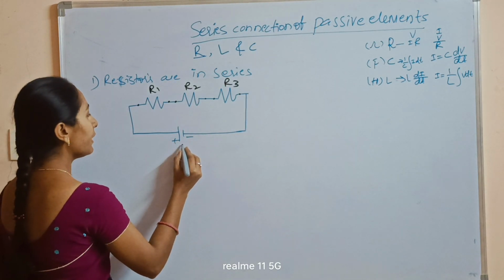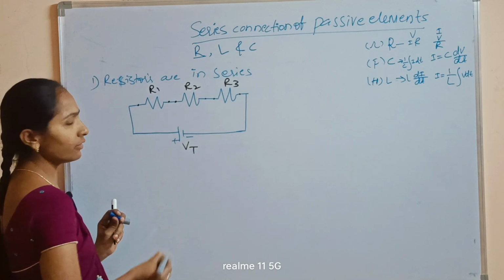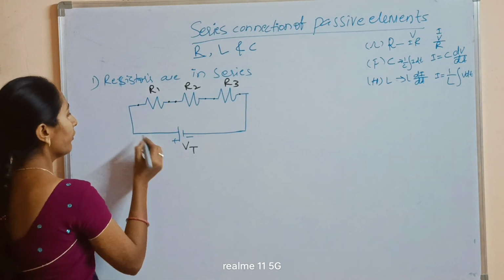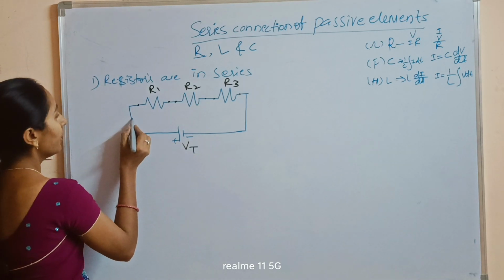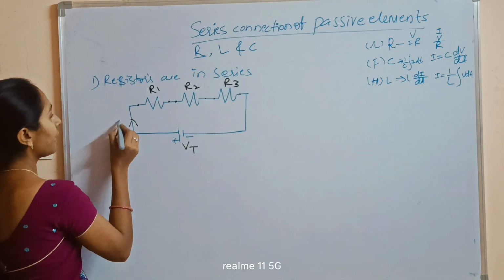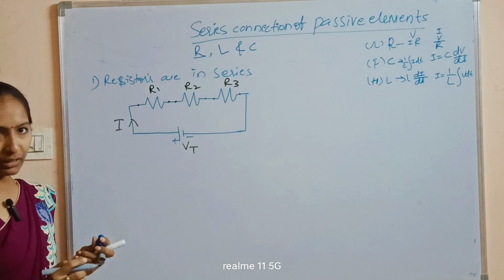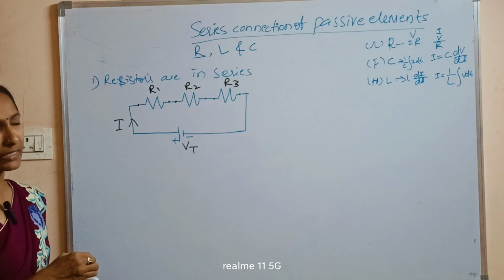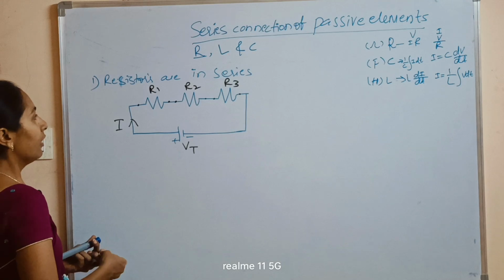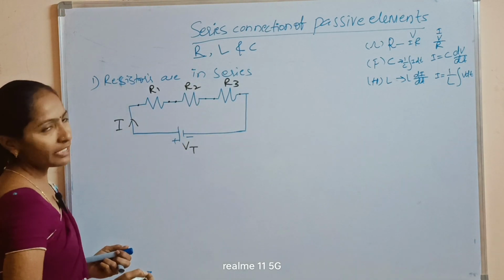Here I am applying a total voltage V. When I apply some voltage with this supply, we get some current I. In a series connection, voltage must be divided. Why?